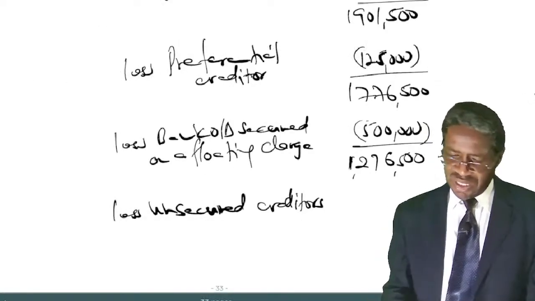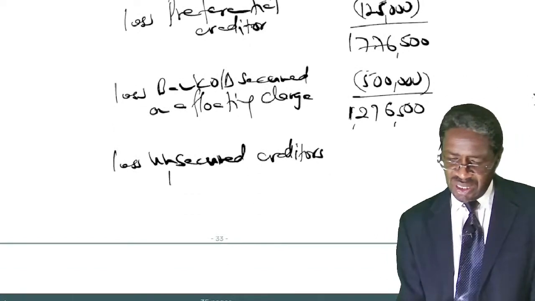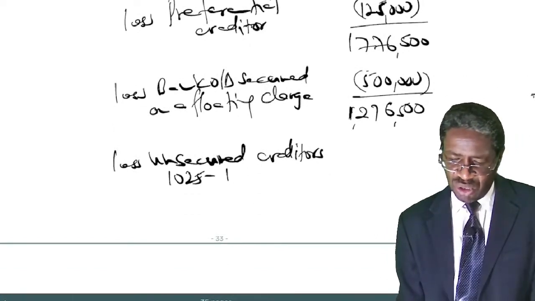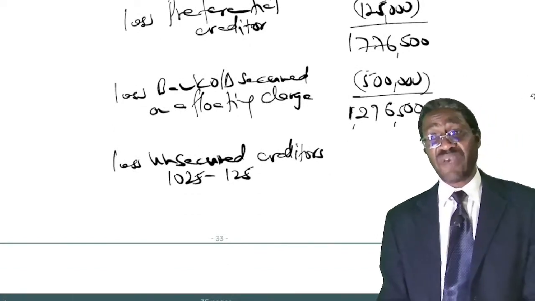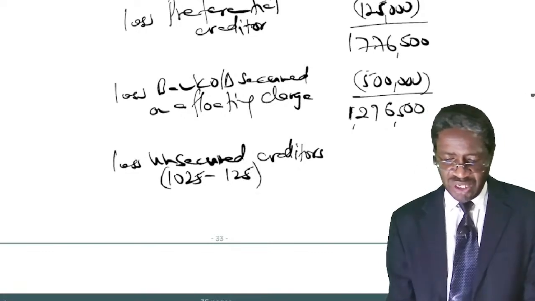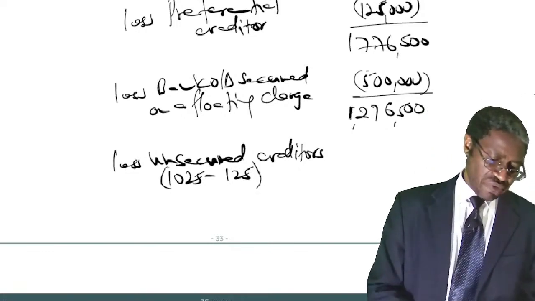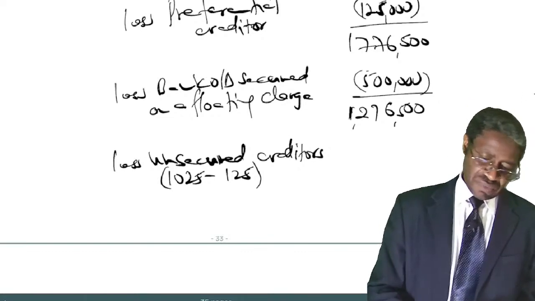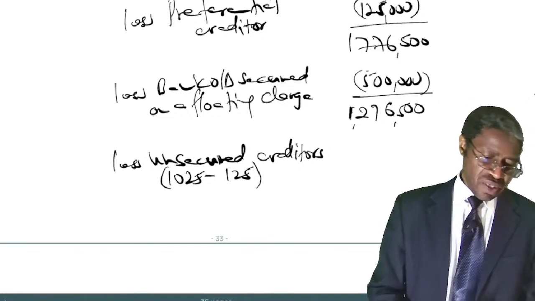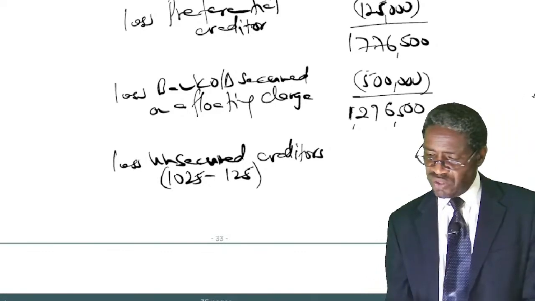We take 1025 as the total, out of which 125 is preferential, which we have already used. So it leaves me with a balance of 1025 minus 125, which is 900.